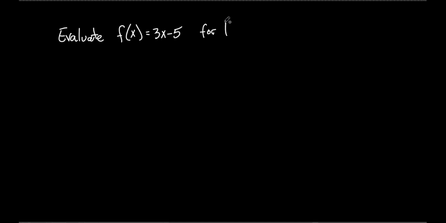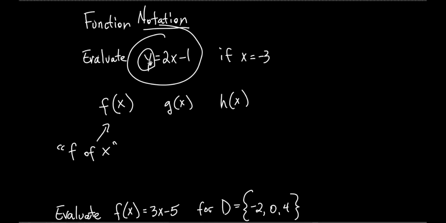So here's what they do. This is kind of like a multi-problem. It's more than just one question. And then they put the domain in a bracket or in a brace. And there you go. So this is very similar to this thing right here. Y equals 2x minus 1 if x equals -3.